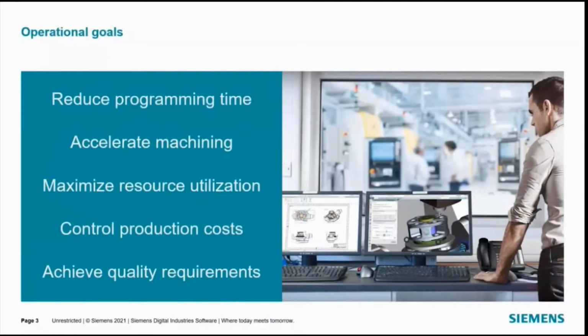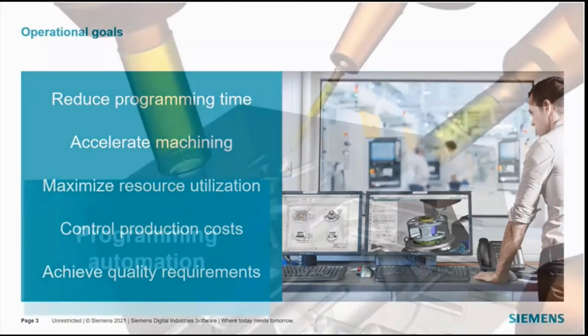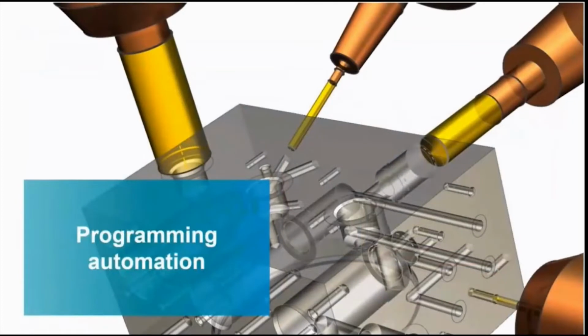Machine shops have common operation goals. They try to save time in programming and accelerate machining processes. They also try to maximize resource utilization with automation, lights-off machining, and free up capacity, while reducing costs and achieving the required quality. In this presentation, I'm going to address mainly the first point, which is reduced programming time. But today's topic will also impact the other points.